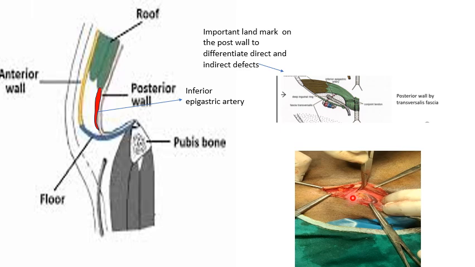So if you find something deep, it's the inferior epigastric vessels. If you find it just below the skin, it is a vessel supplying the abdominal wall, which is your superficial epigastric, circumflex and the pudendals. If it is bang inside the cord in your inguinal canal, then it is the pampiniform plexus.